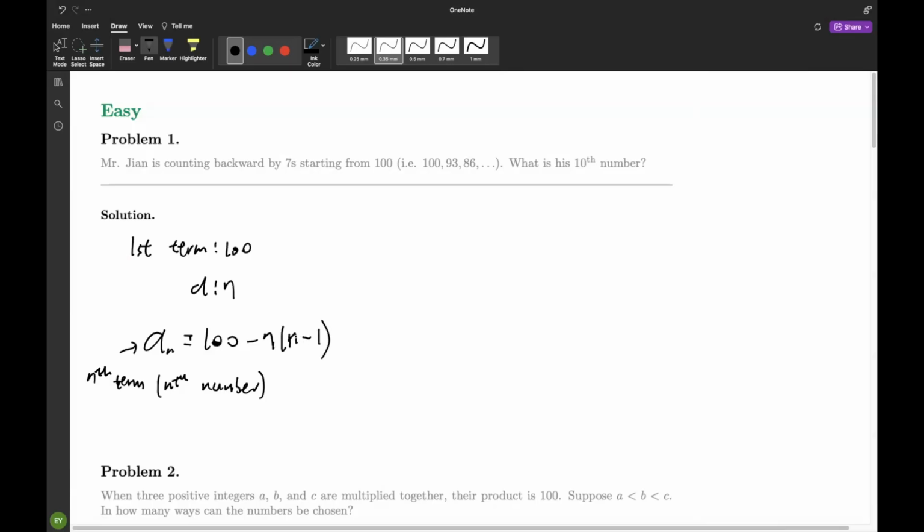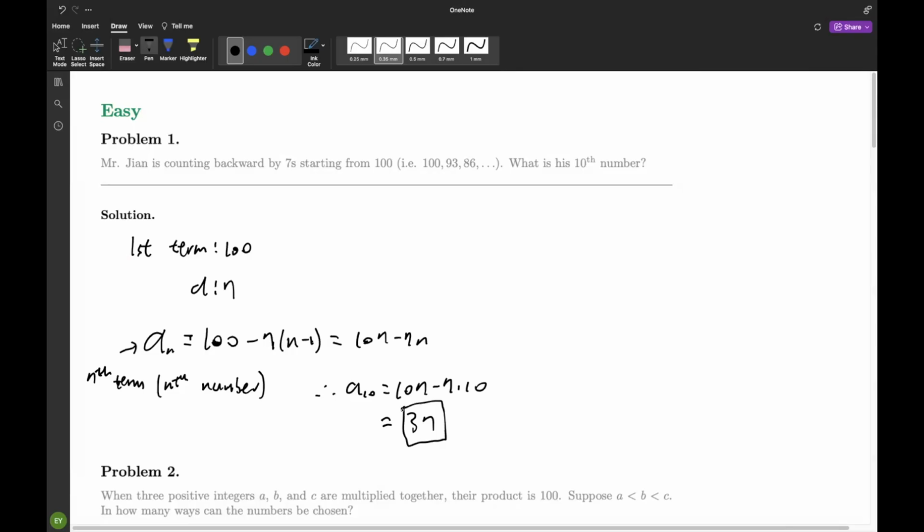This is equal to 107 minus 7n. Then what is our 10th number? Then a sub 10 is equal to 107 minus 7 times 10, which is equal to 37.